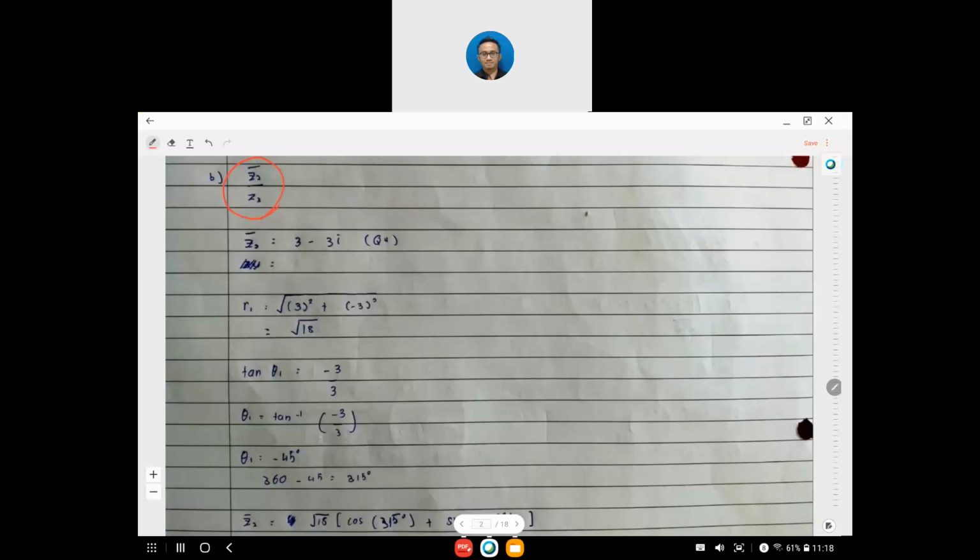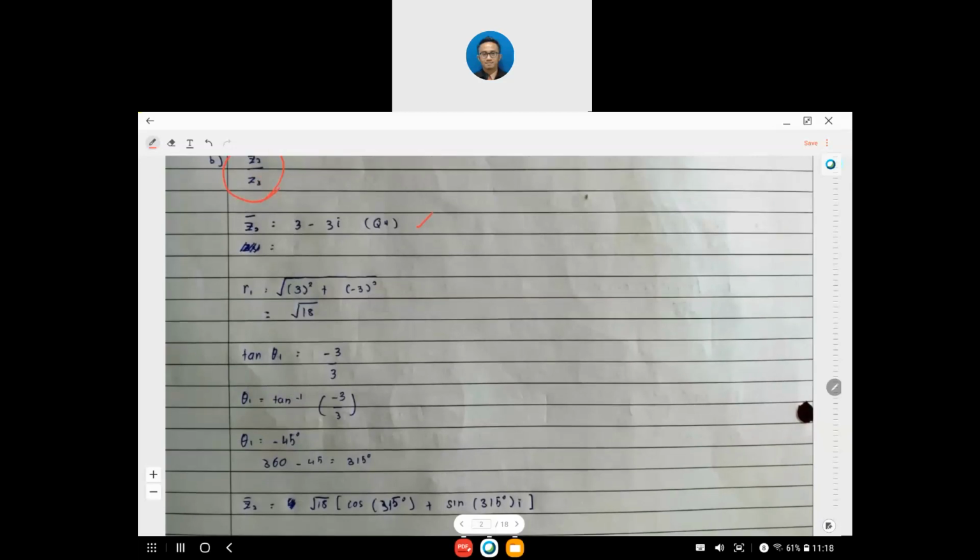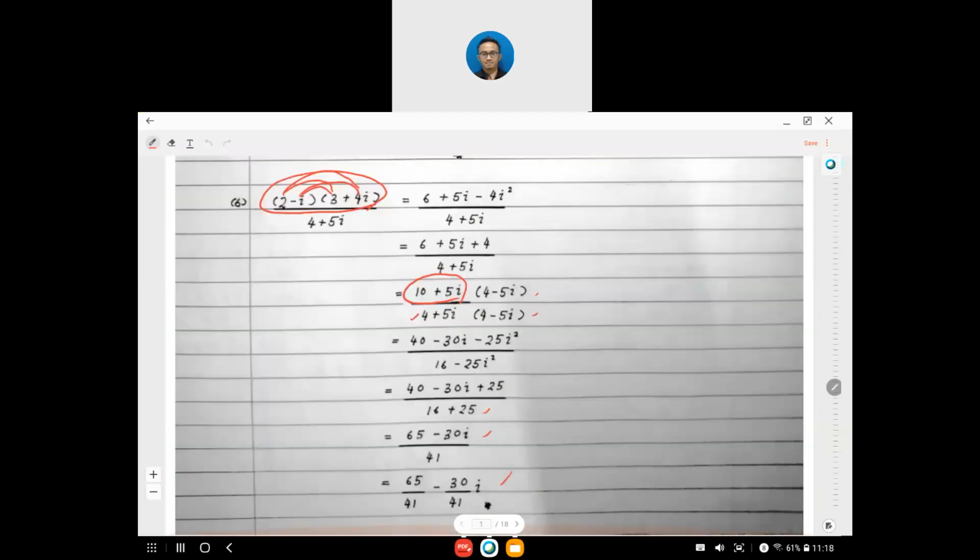Okay, what is Z2? Okay, Z2 is 3 plus 3i. So Z2 bar equal to 3 minus 3i. Okay, awak kena solve yang tu dulu. And then what is Z3? Okay, what is Z3?